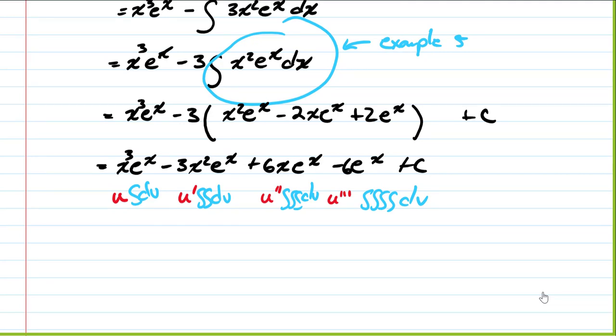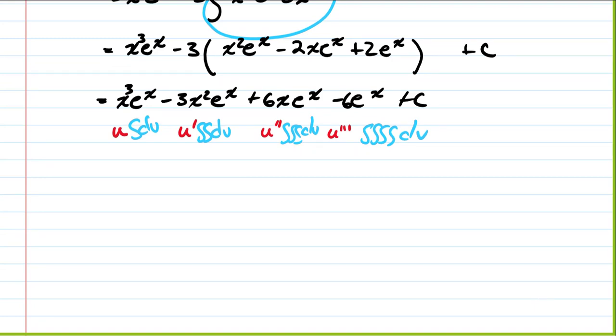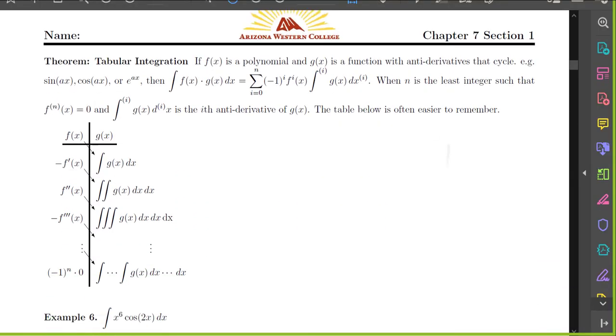It goes plus, minus, because we have that uv minus the integral of v du. So each time you do integration by parts, it's flipping the sign of each of these. Turns out we can use this, because what is mathematics really? It's the study of patterns, right? We're looking for patterns in numbers and functions. So this gives rise to what is referred to as tabular integration.